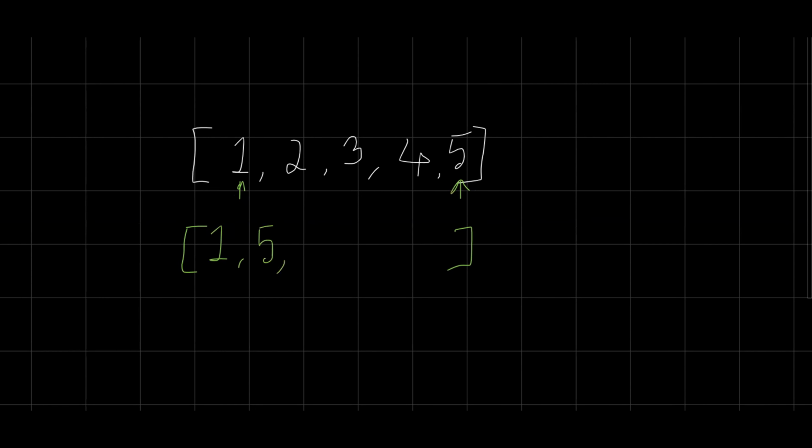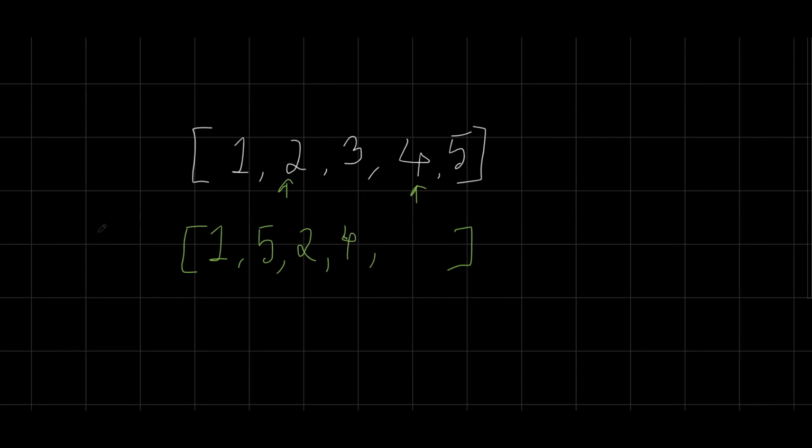Now we have to update our pointers. So our first pointer is pointing to this element and our last pointer is pointing to this element. Again, we add the pointer values to the rearranged array. So we add 2 here and 4 here.